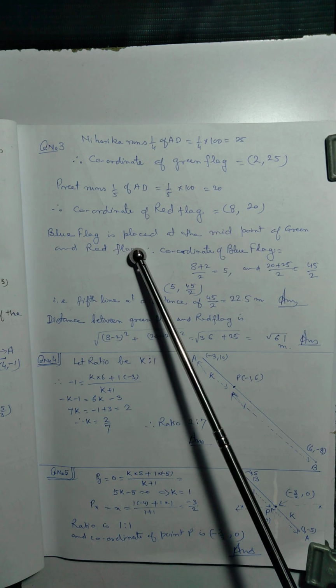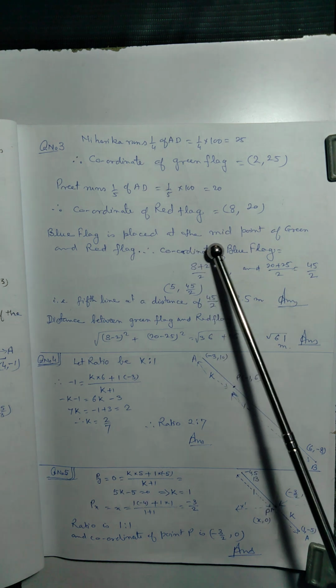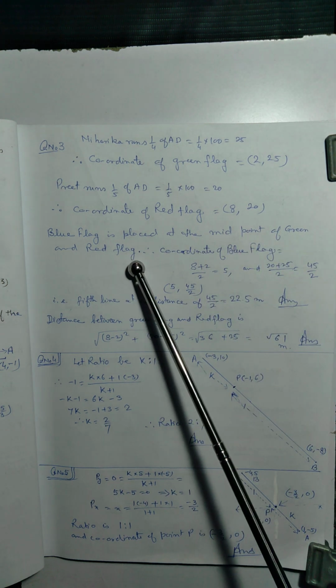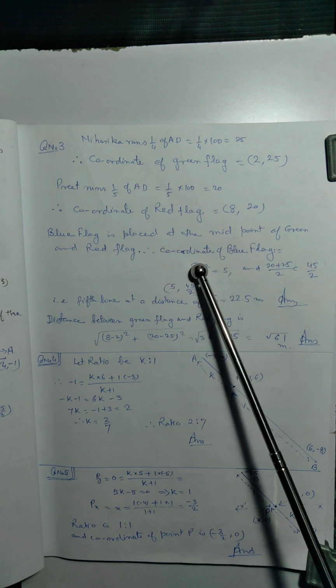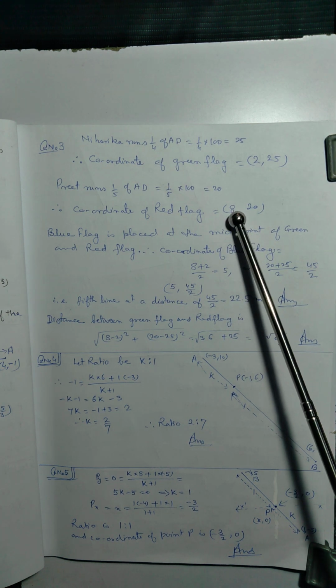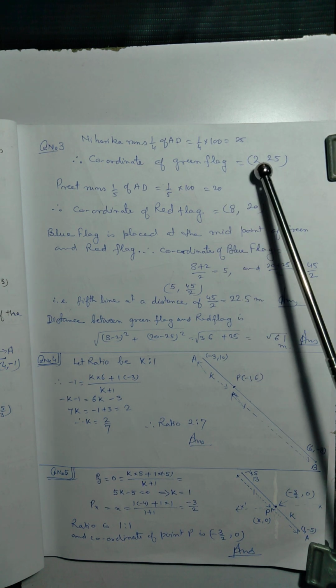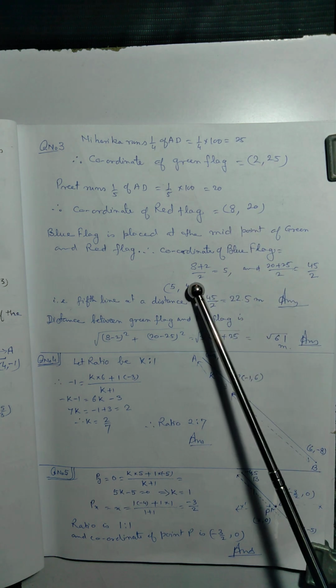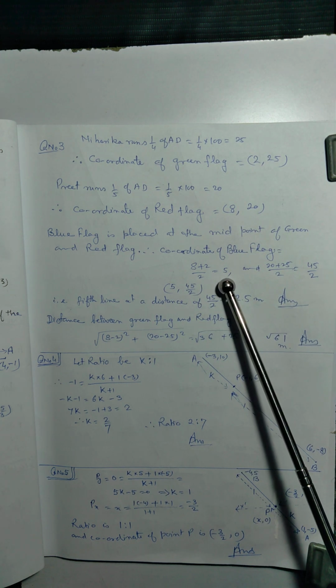The blue flag is to be placed at the midpoint of the green and red flags. Therefore, for the coordinate of the blue flag, add the abscissas of these two, 8 plus 2, divided by 2, that will be 5.